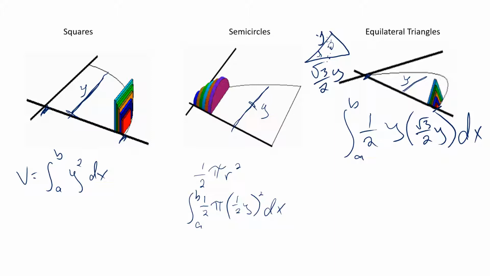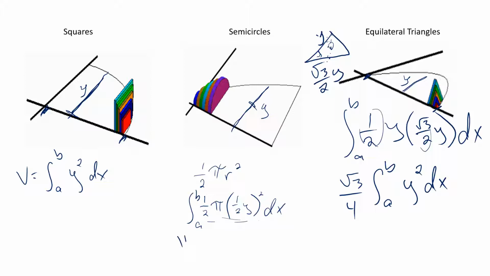Here we could move things around. We can multiply the √3/2 and the 1/2. We could actually bring those outside of the integral too. So this could be √3/4 times the integral from a to b of y² dx. Just like over here in the semicircle, the 1/2 squared is 1/4 times 1/2 is 1/8. Pi is a constant.